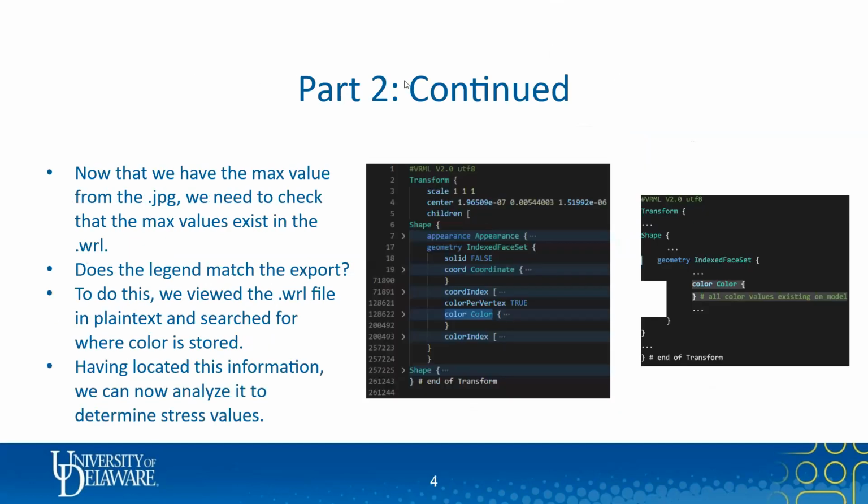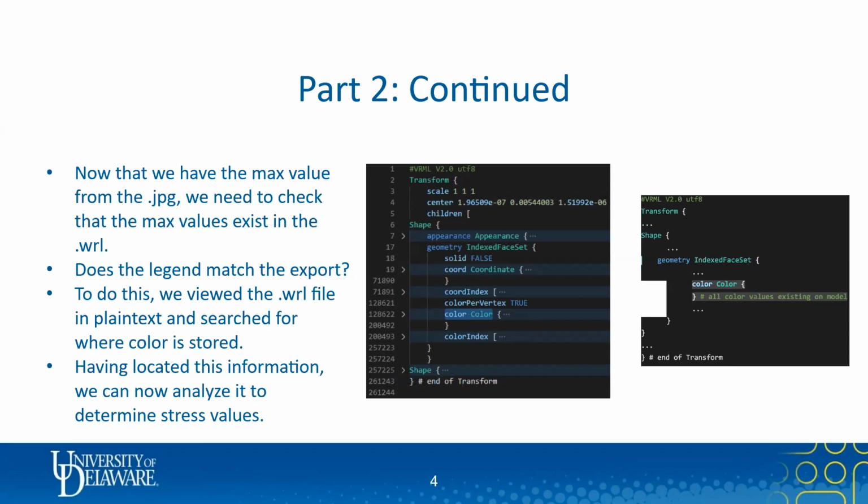A key thing we did was, since we had initially found the max value according to the image, we weren't absolutely confident that the file we were given was going to correlate with the simulation. We didn't take that as a guarantee that the absolute maximum point would match the exported file. Thankfully, the file was completely readable in plain text, and from there we could look at the color data and confirm that we had matches in the file.